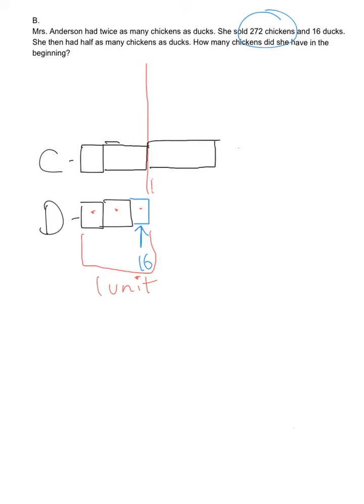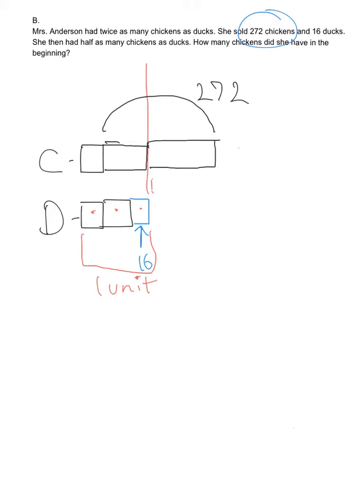So now at this point, we have twice as many chickens as ducks. And we already know that from here to here is worth 272 chickens.